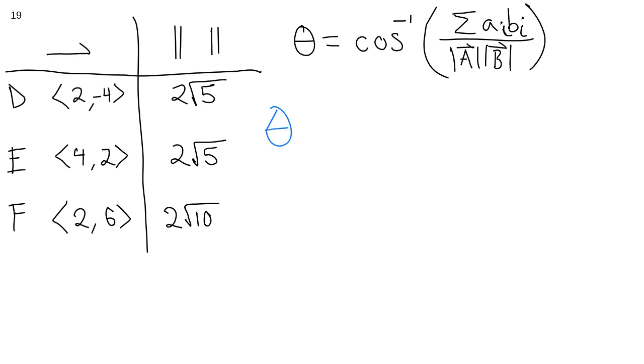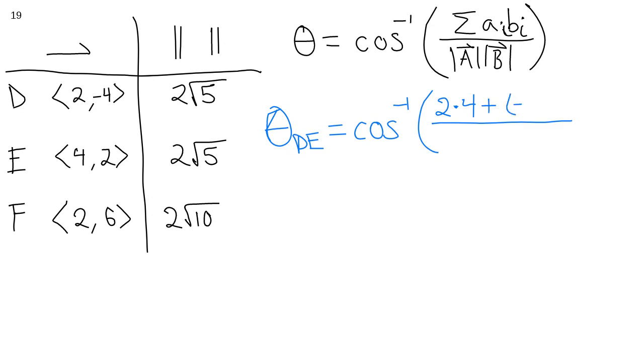The angle between D and E is cosine inverse of D dot E. That's going to be 2 times 4 plus -4 times 2.